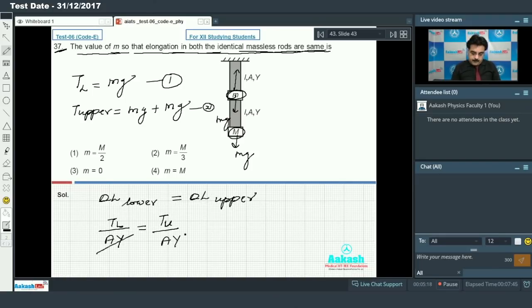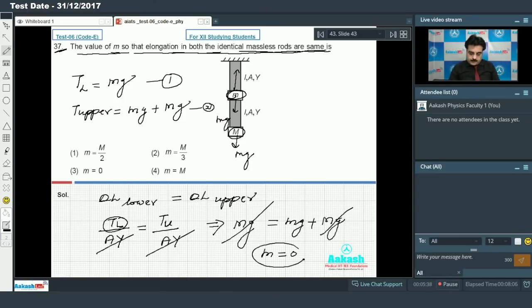So A and Y cancel out, and I know the tension in the lower part is mg and the tension in the upper part is small mg plus capital Mg. So capital Mg will cancel out and we have small m is equal to 0. So we can say the value of mass is 0.